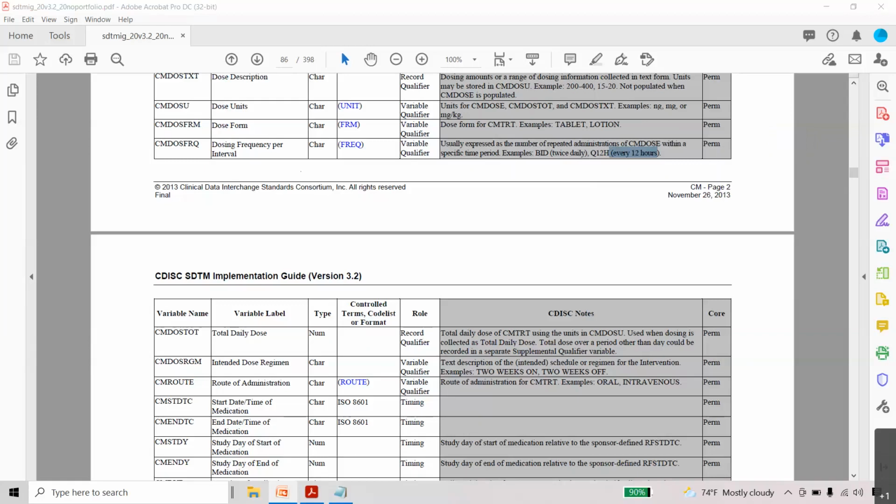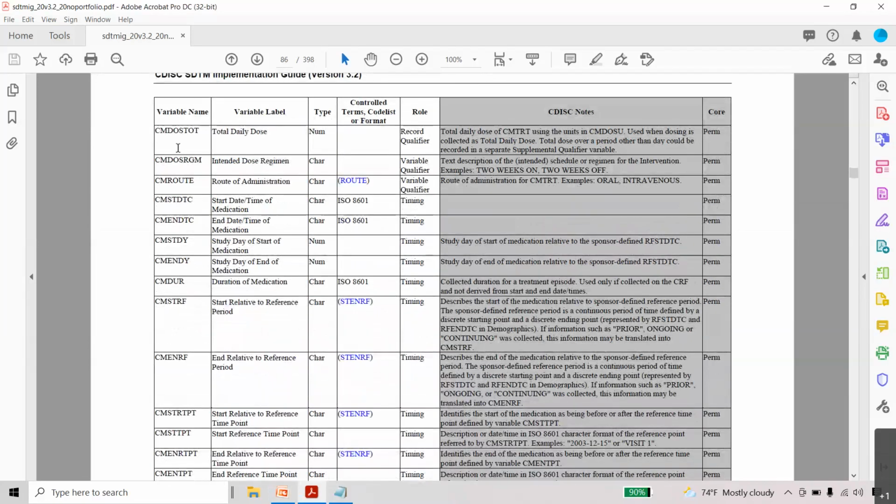It means daily once or daily twice, usually mentioned as times per day. We can see values like once, other, PRN, QD, TID, or BID. These values we can see in the CM dose frequency.